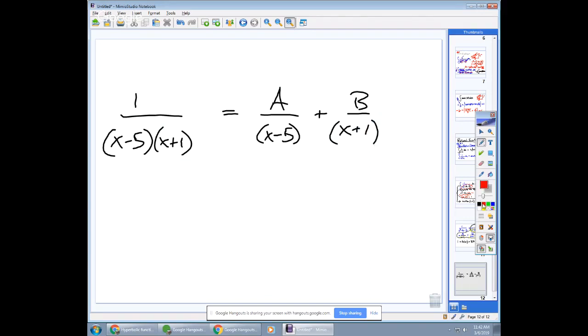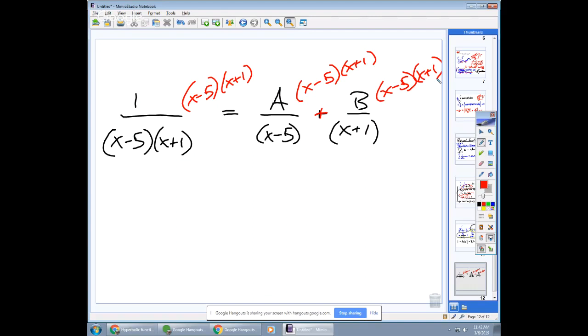And I want to rewrite this without denominators, so I multiply both sides by x minus 5 times x plus 1, which means both pieces of the sum have to be multiplied by x minus 5 times x plus 1.